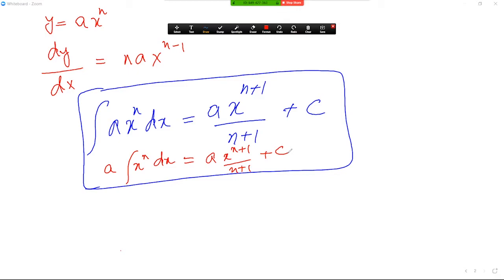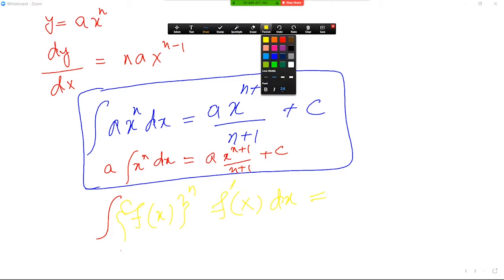Let's make it something like this. If you have a function f(x) to the power of n, and then you have its derivative f'(x) dx, can you tell me what the integration of this function is?